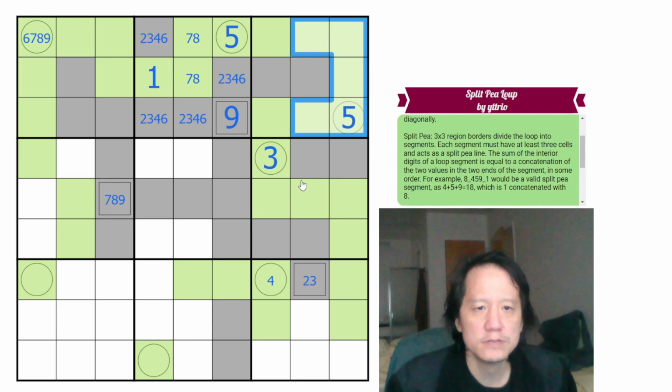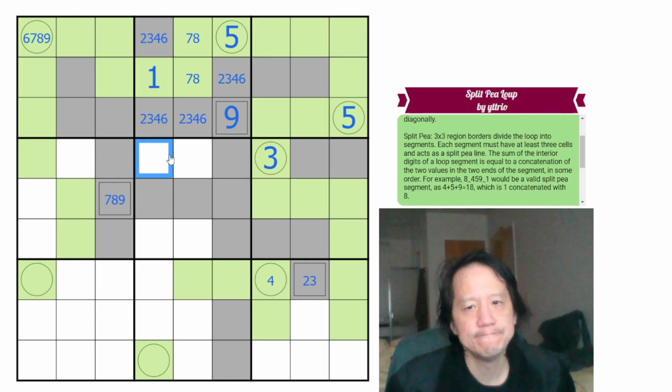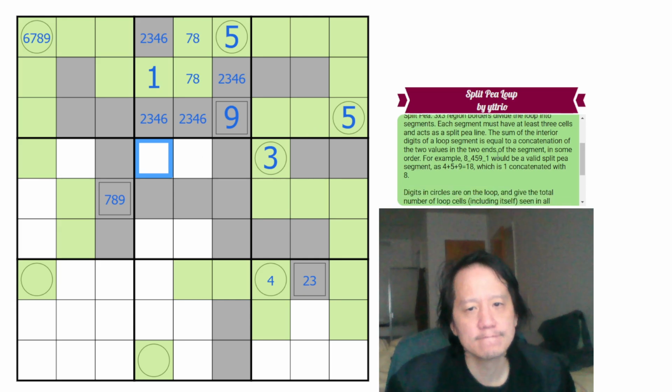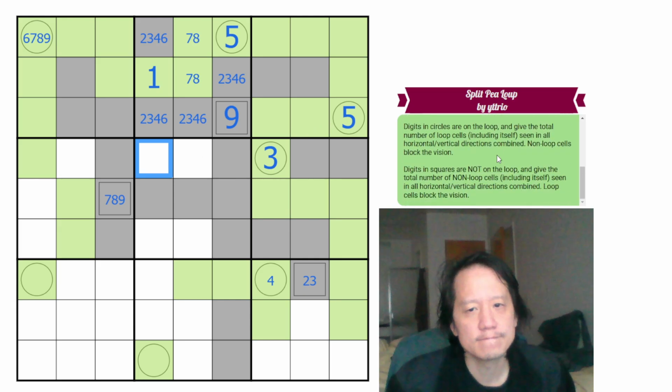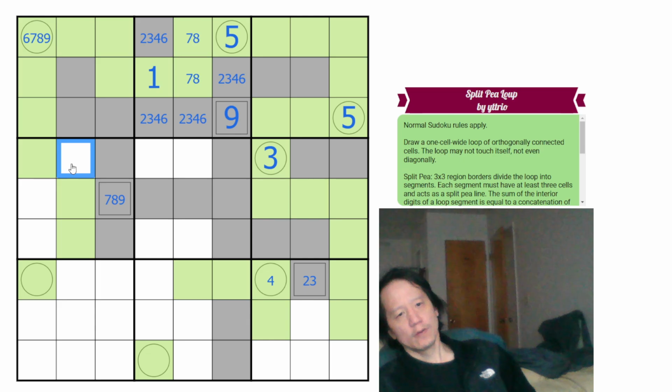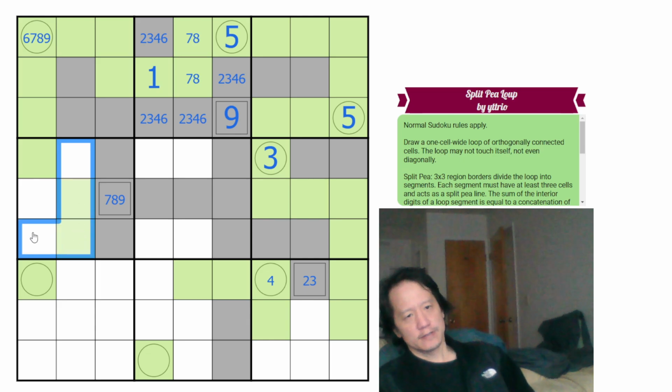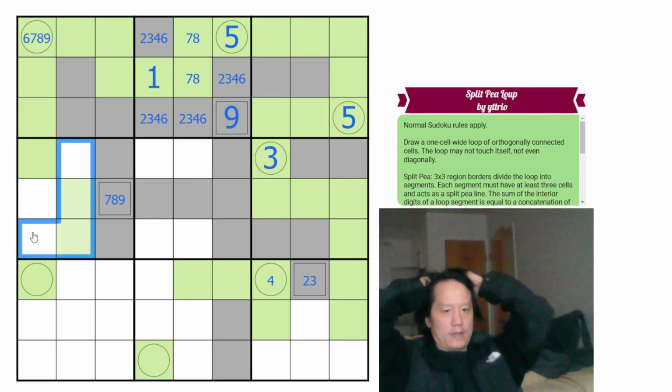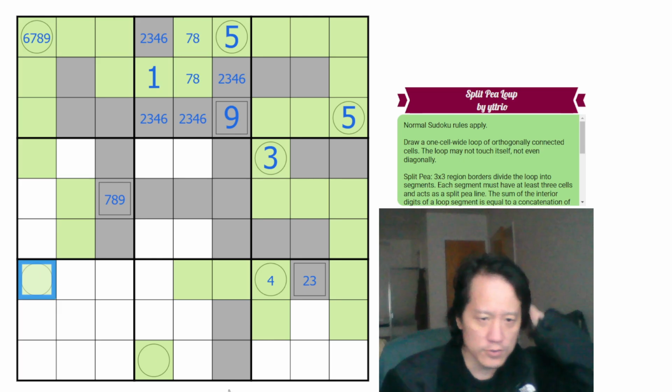Here, 1 can't be here, so 1 is somewhere on the loop. Okay. So this could be something like that. The circles can never see 1.